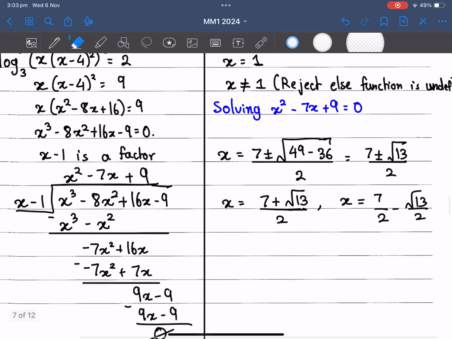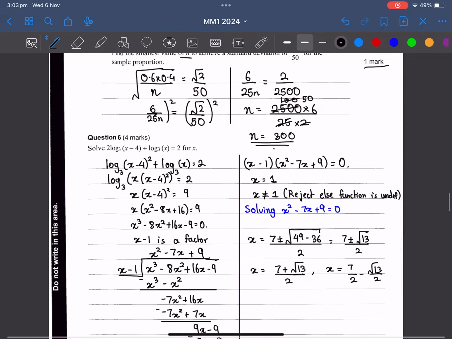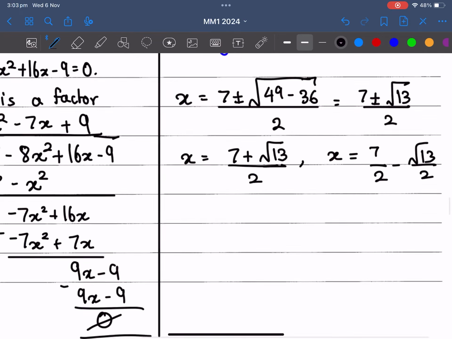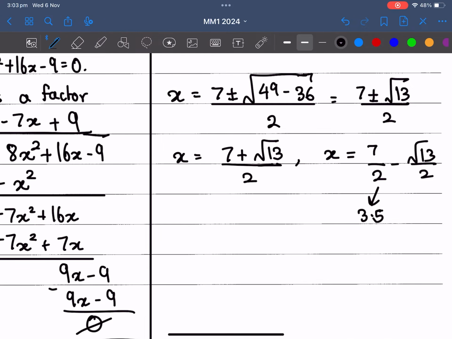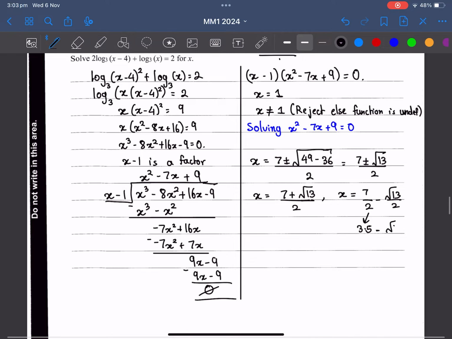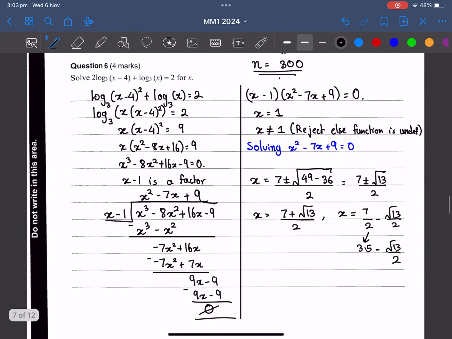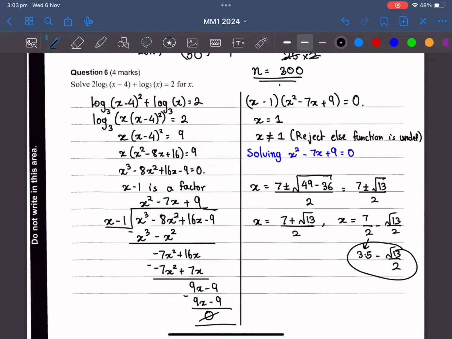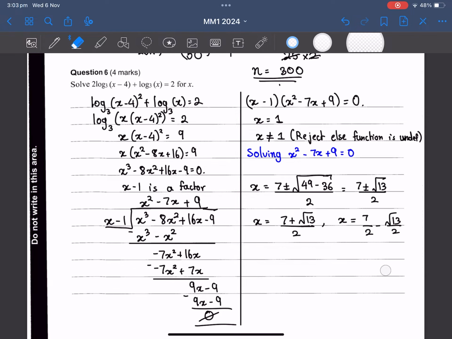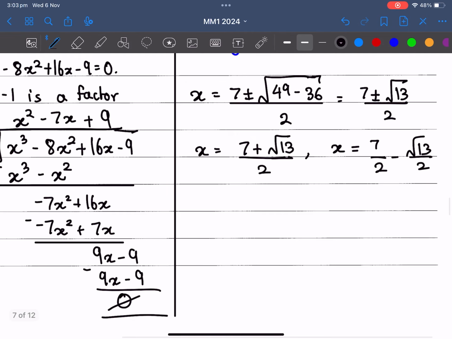Let us quickly check whether both of them satisfy the equation. 7 on 2 is 3.5, so 3.5 minus root 13 on 2. Because 3.5 is already less than 4, we need something more than 4. So this is definitely going to be rejected again because it will make the function undefined. So again, x cannot be 7 on 2 minus root 13 on 2.